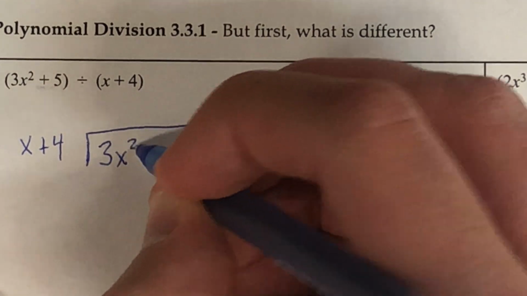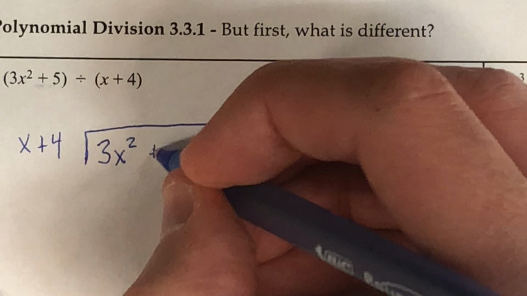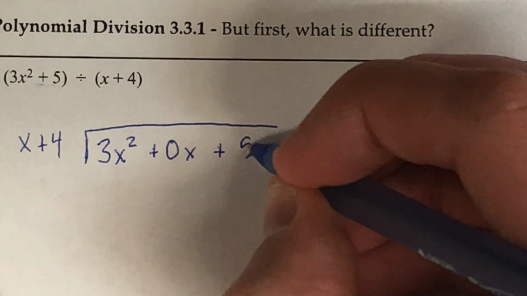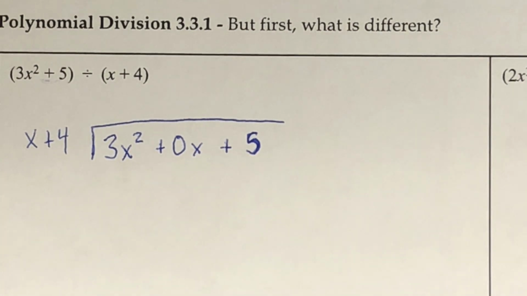So instead of just writing it as 3x squared plus 5, we need to add in a 0x term between. It may seem silly to do that, but I think you'll see the reason why we take that step when we perform our division.